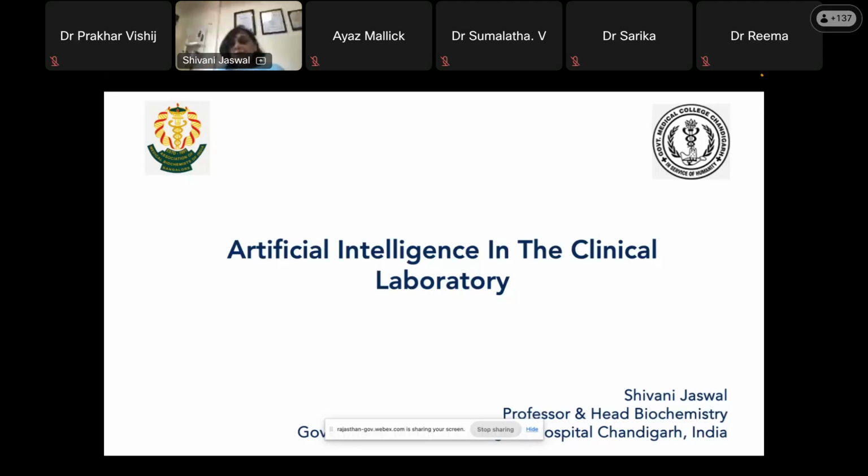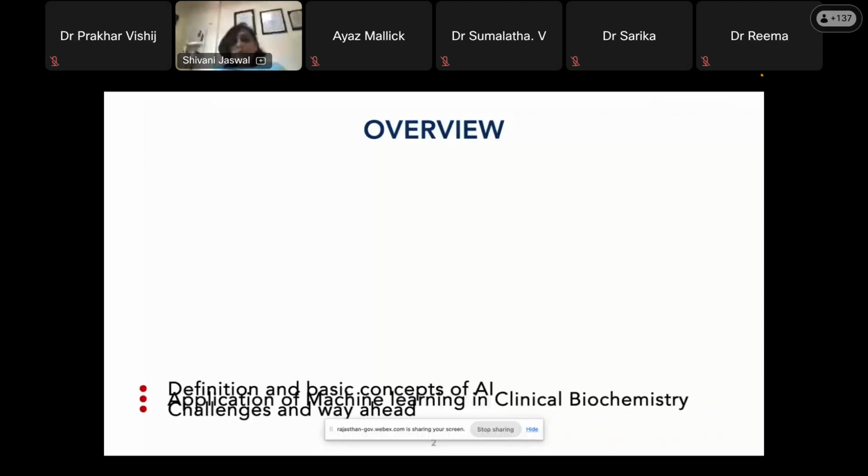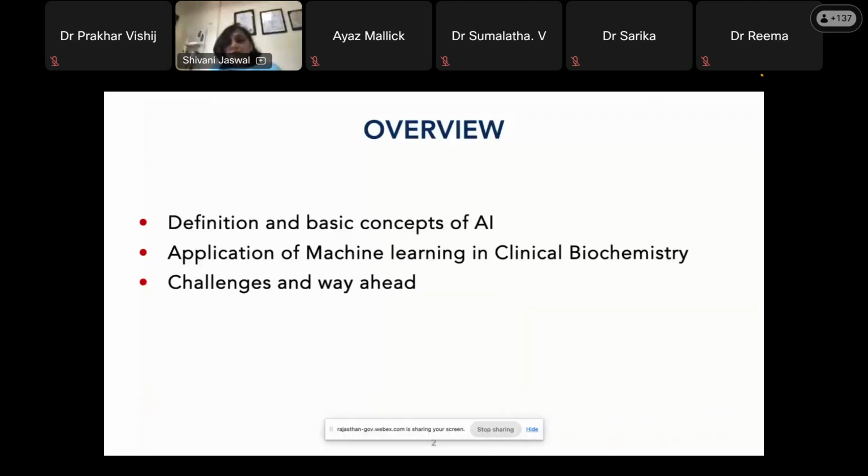In this session, we will look at the basic foundational concepts of artificial intelligence, with a focus on how these artificial intelligence tools and machine learning can be applied in clinical biochemistry. How we can use these algorithms and data analytics for transforming our laboratory processes, and briefly also discuss what the challenges are that lie ahead before we can actually utilize them in our own daily practice.